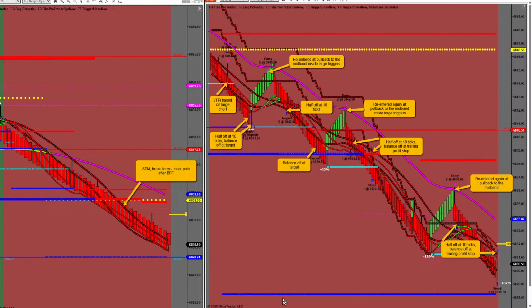All right, strong trending market. Broke terms, clear path. The challenge with this one, Pete, and I have to say it, is your first trade is at 44, which is right about here into all the trouble.